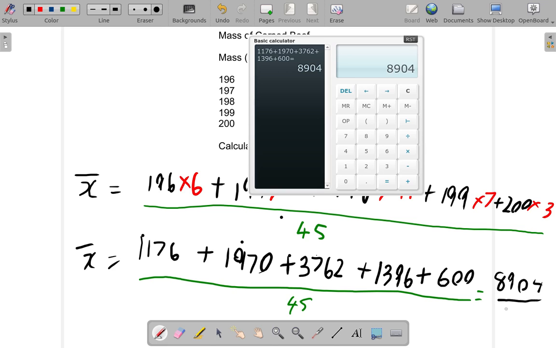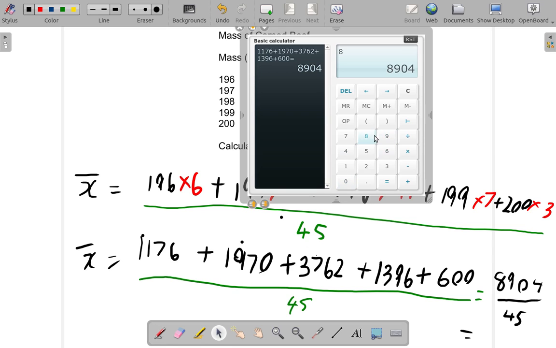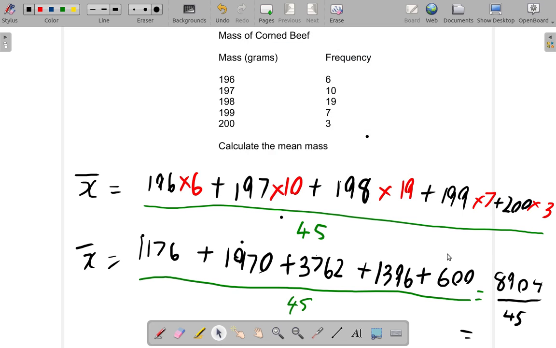8904 divided by 45 equals 197.87. Let's call it 197.87.